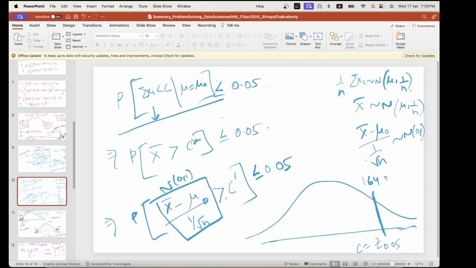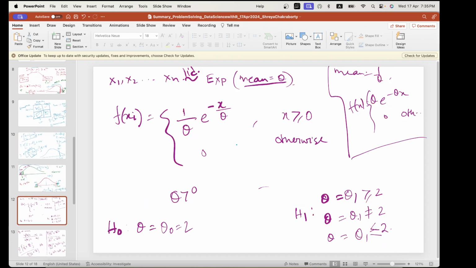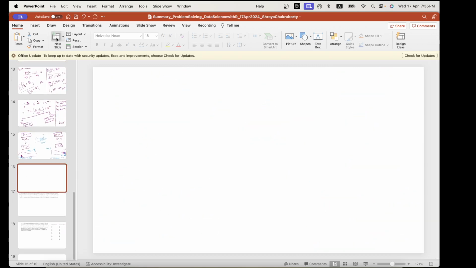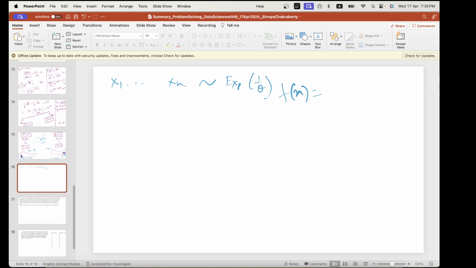Moving on to the next one, let's say in your exam you're given a question like this: X1 to Xn follow some IID exponential with mean theta. The PDF is given as 1 by theta e to the power minus x by theta, for x greater than or equal to 0, 0 otherwise, and theta is greater than 0.